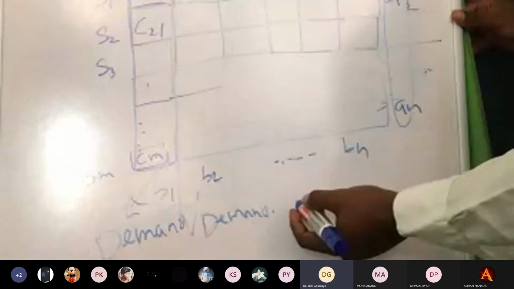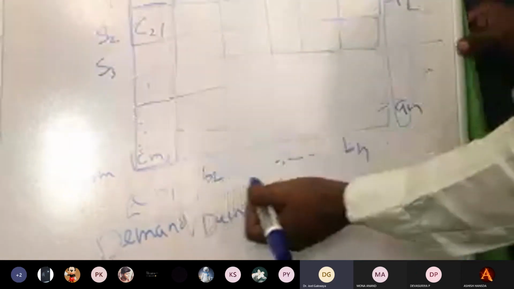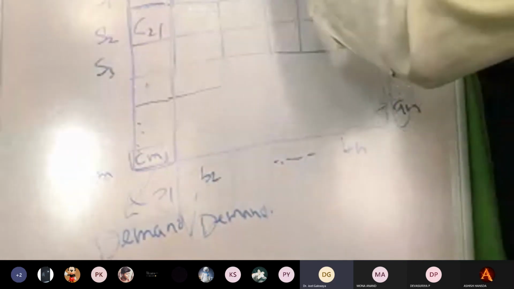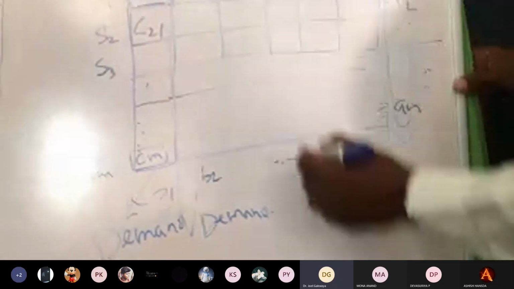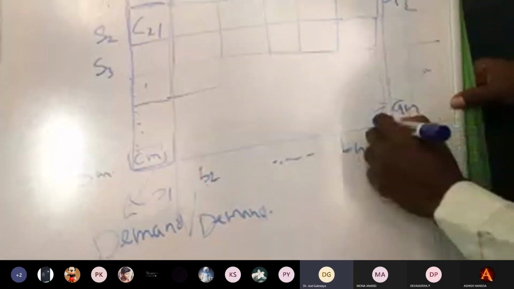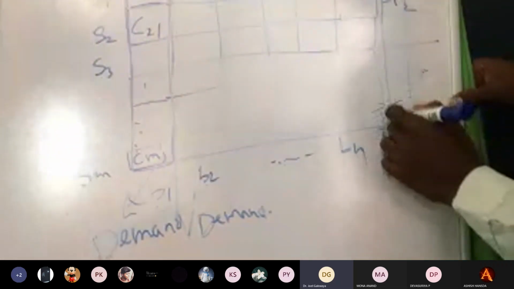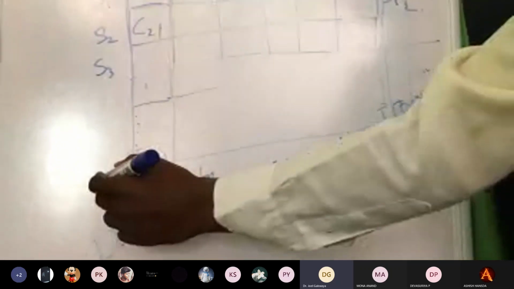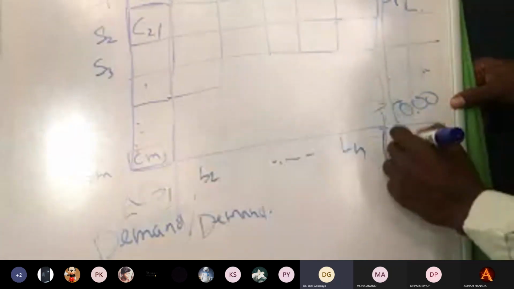By this, we say that the transportation problem is balanced, because the supply is 1,000 and the demand is 1,000. So we mean to say that the problem is balanced.